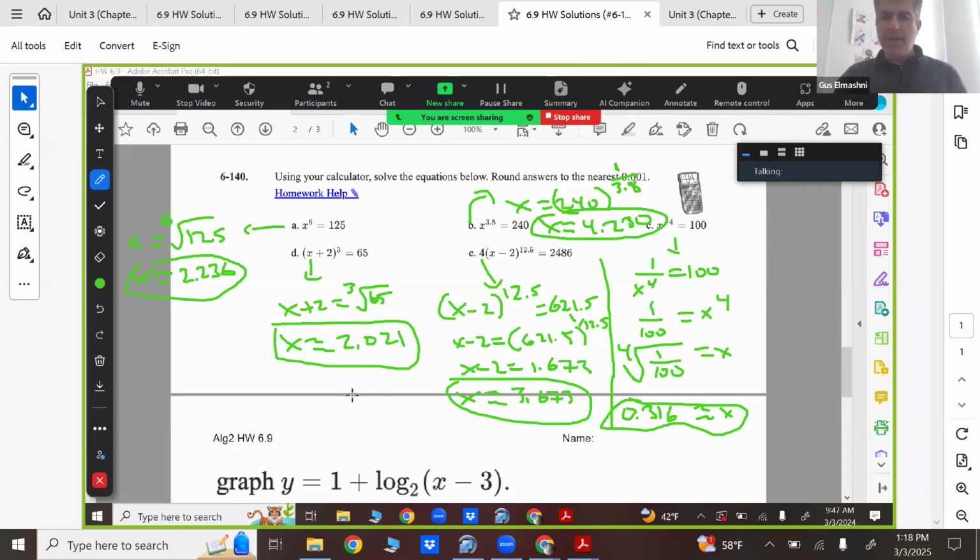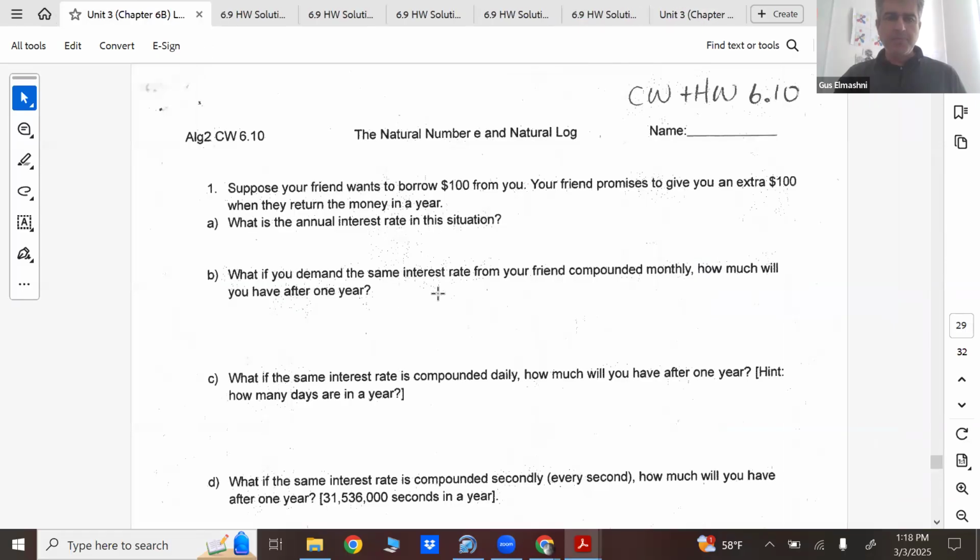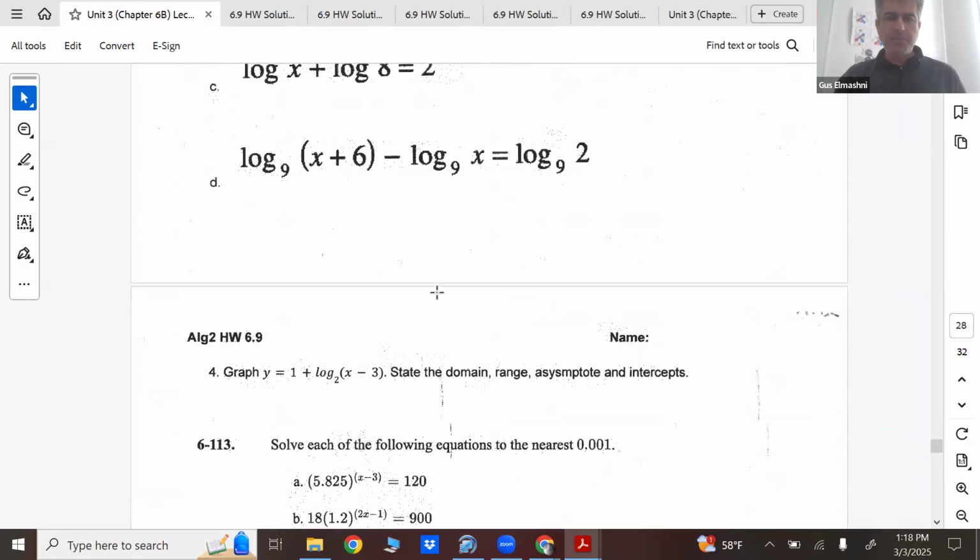Oh, there's the log graphing problem. Let me do that here. For the graphing problem, what do we start with? Start with this, right?